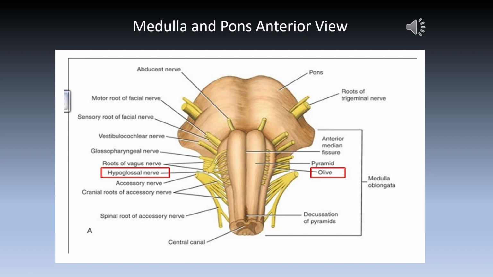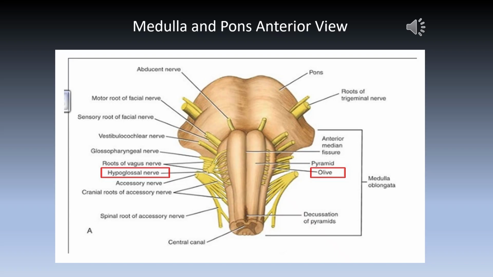Also in the spinal cord, we have the descending tracts, pathways, or fasciculi, which are carrying motor signals from the brain to the body. So all of those, since they are either going to the brain or coming from the brain, are going to have to pass through the medulla oblongata in order to get to the spinal cord.